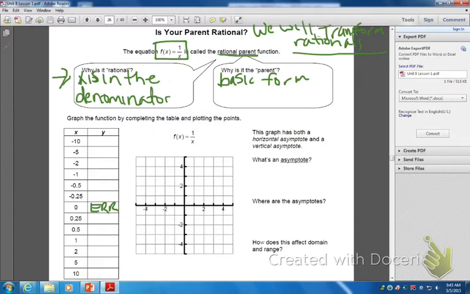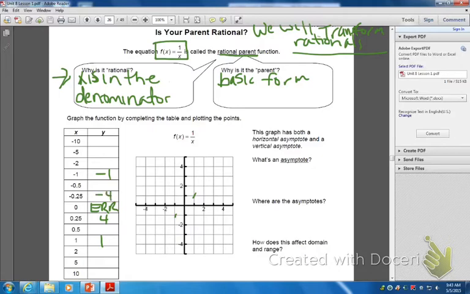So you filled in the rest of those numbers. I'm just going to put a couple of those in. The 1, you got a 1. And the negative 1, you got a negative 1. So we'll plot those. The 0.25, you got a 4. And the negative 0.25, you got a negative 4.